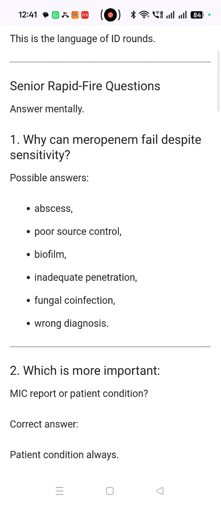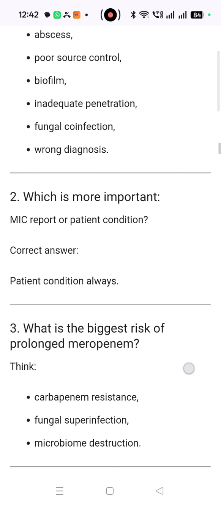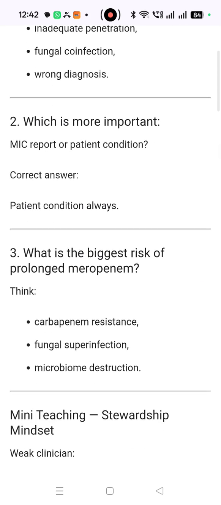Then, which is more important, the MIC report or the patient's condition? The correct answer is always the patient's condition. First we should take care of the patient.